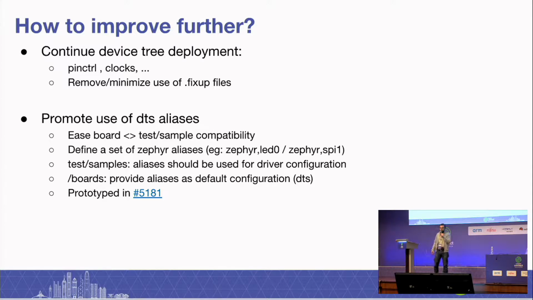If these aliases are defined in the boards, that means that for all boards that have defined these aliases, we will be able to run the samples quite easily on these boards. I've done that for GPIO in a pull request, and it works well. For now, it's working only for GPIO, but okay.